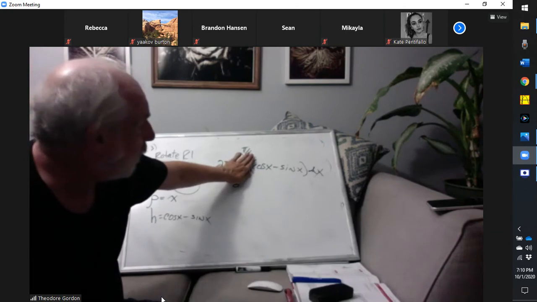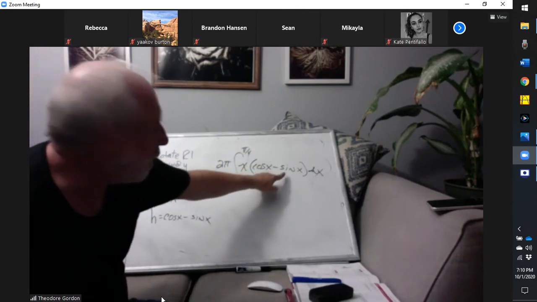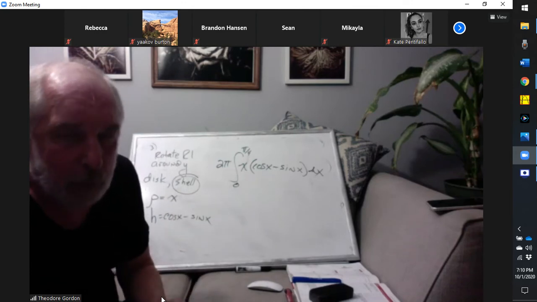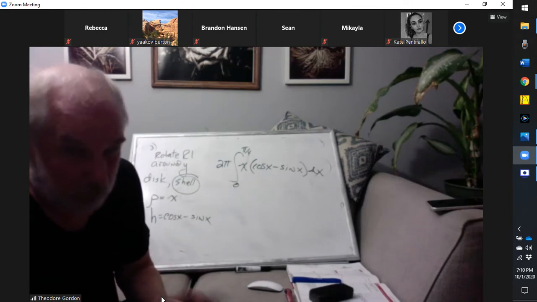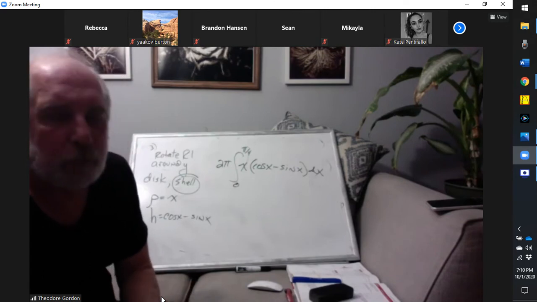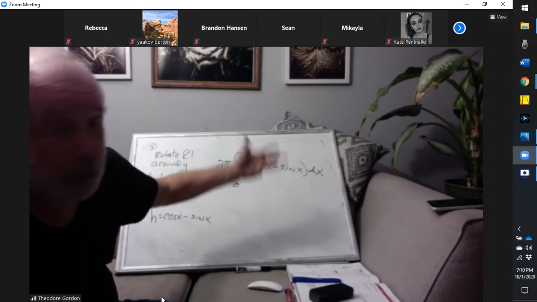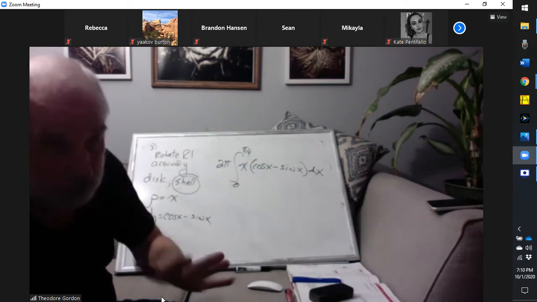You can integrate cosine and sine, but x times cosine minus x times sine, we don't know how to do that yet. We're going to learn that next week when we start chapter 8 and do something called by parts. So that's the correct setup for that integral, and that would be the answer to that question at this point.